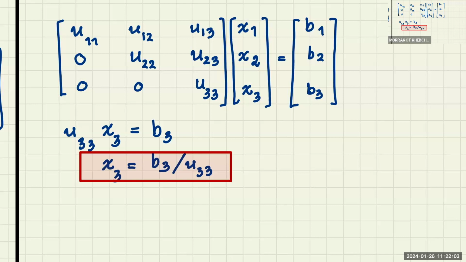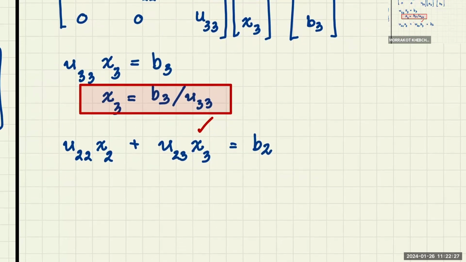Okay. Now, the second equation, you will get u22 times x2 plus u23 times x3 equals b2. Since you know x3, it means you know this term. You will move this term to the right.